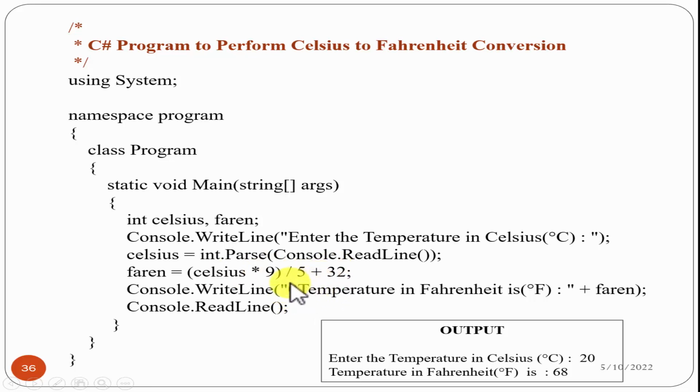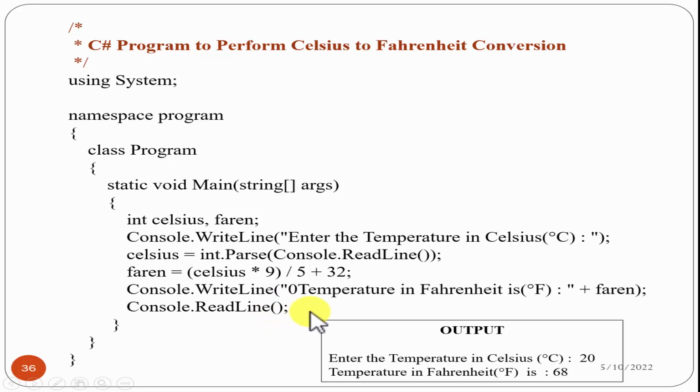After that, Console.WriteLine temperature in Fahrenheit: it will convert the value from Celsius to Fahrenheit, store it in the Fahrenheit variable, and receive the value directly from there because it's a Console.WriteLine statement. WriteLine is a method to display output on the screen, so we display whatever value is received in this variable.